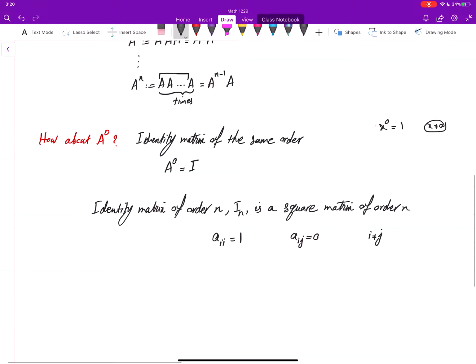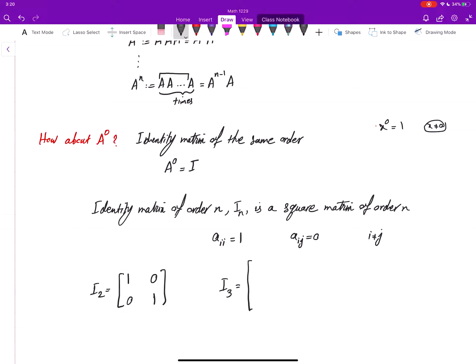So the entries are, for example, I2 has 4 entries. The entry 11 is 1, 12 is 0, 21 is 0, 22 is 1. How about I3?